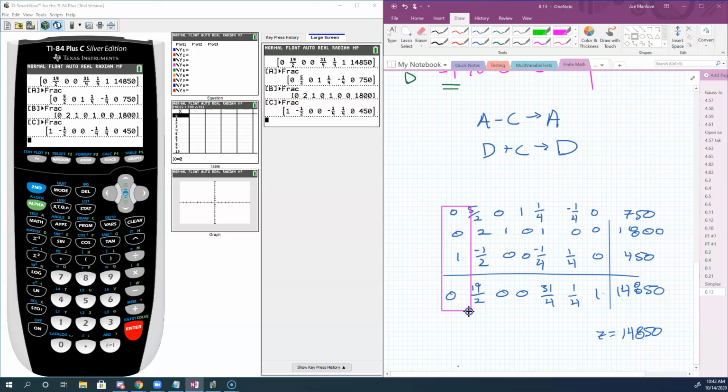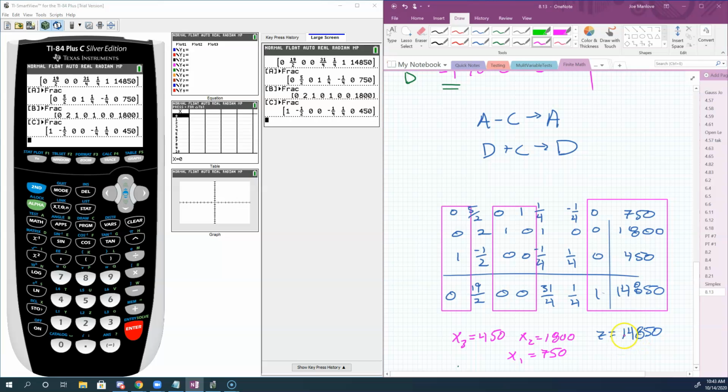So, I'm looking. X1 equals 450. X3 equals 1800. And Y1 equals 750. And let's see. So you told me X3 was 450, X2 was 1800, X1 is 750, and Z is 14,850.